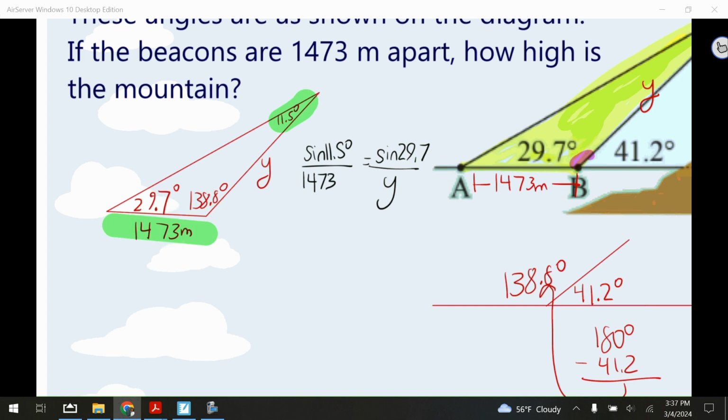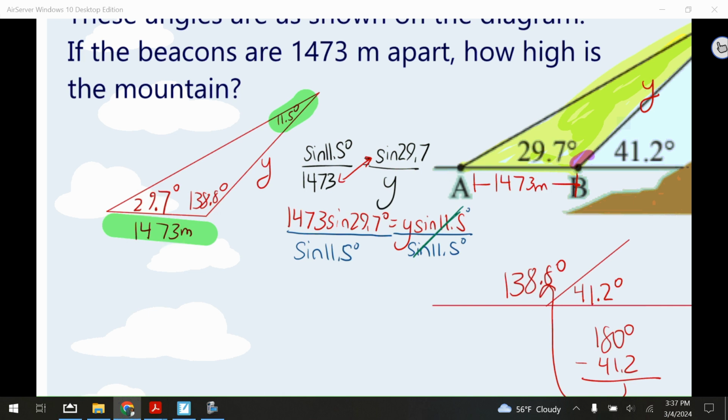So what I'm going to do here is cross multiply. So 1473 sine of 29.7 degrees equals Y sine of 11.5. Now, in order to solve for Y, I just have to divide both sides by sine of 11.5. And we can see that those sines of 11.5 will cancel out.